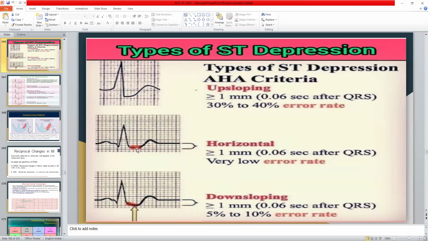Horizontal, very low error will be there. So most of the time when you see a non-ST elevation MI, you will see this horizontal ST depression. This is the downsloping ST depression. Here you will see more than 1 millimeter depression. After the QRS complex, this sloping will be around more than 1 millimeter in length.